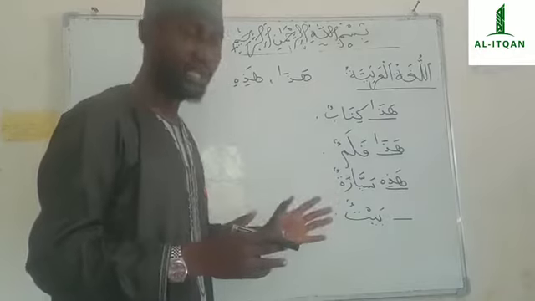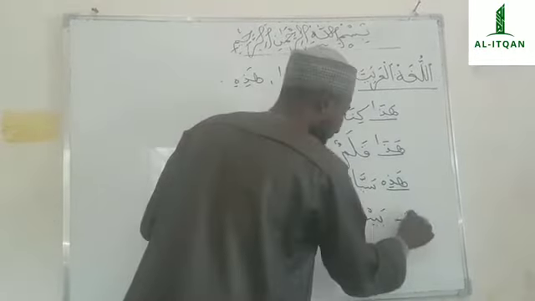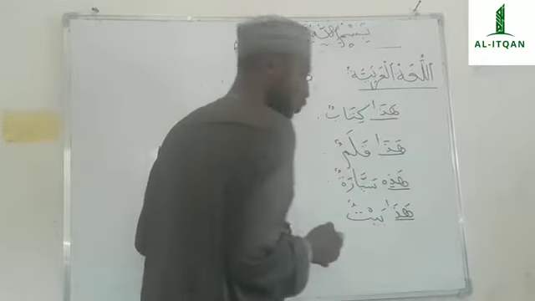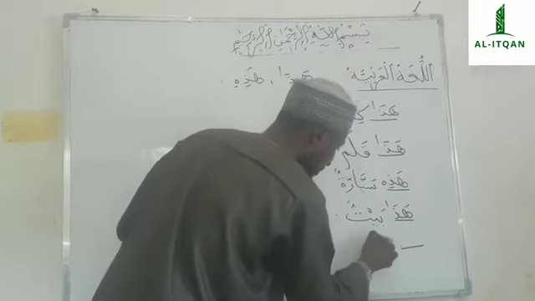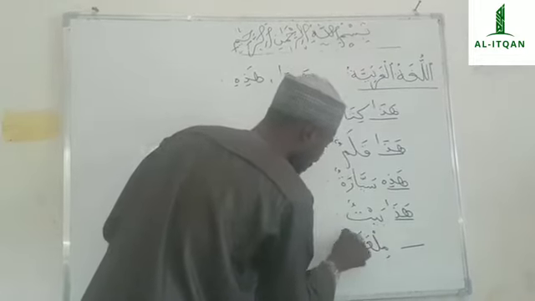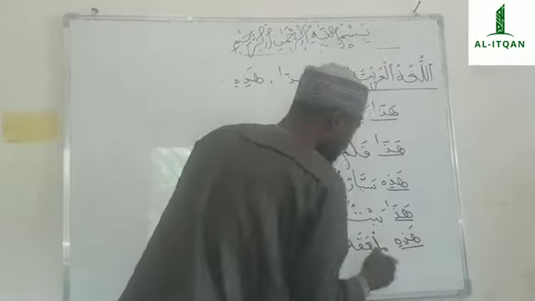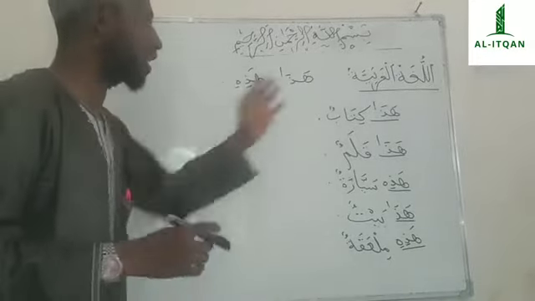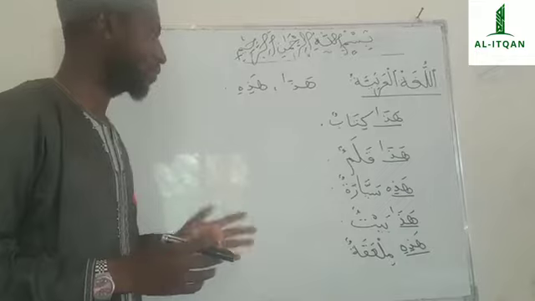Since it is open ta, it is still a masculine noun. You say hada baytun. The last one we have is mil'aqatun. Hadihi mil'aqatun. So this is how we use demonstrative pronouns with nouns.